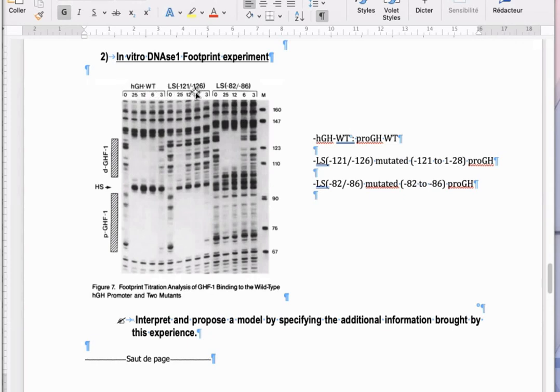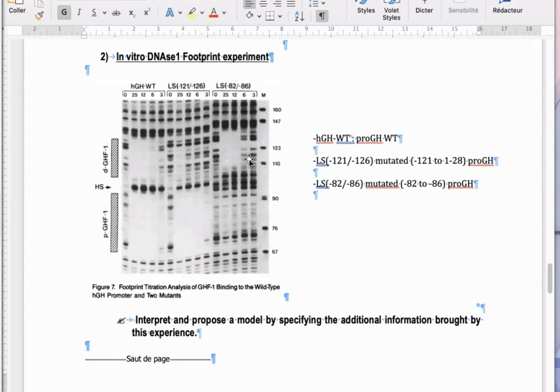With 6 microgram of protein, when you mutate the blue binding site, the red protein can still bind. But when you mutate the red binding site, the red protein does not bind anymore, which makes sense, but the blue one does not bind anymore as well. Can you see it? Yes.